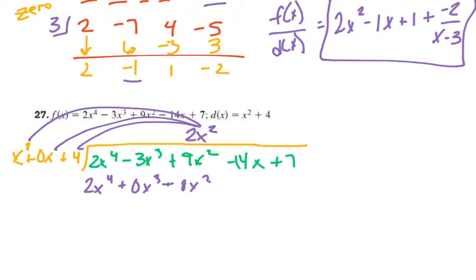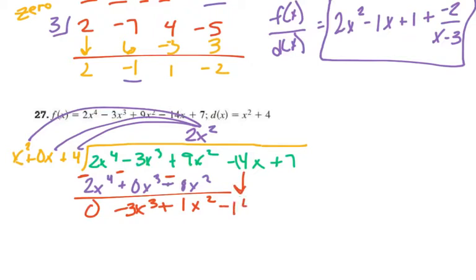Remember that all of these are going to be subtracted, and so we're going to subtract this and get 0, subtract this and get negative 3x cubed, subtract this and get, what is 9 minus 8, 1. But of course, we have to bring down our next piece because we need a trinomial. And now we identify what can come from x squared so that we can end up multiplying and get negative 3x cubed.